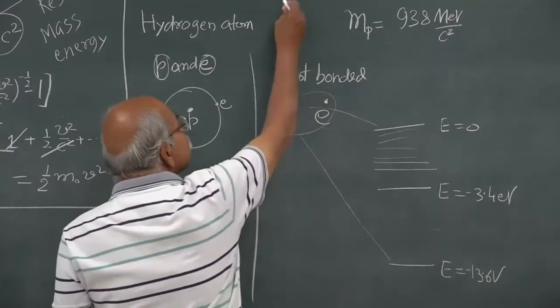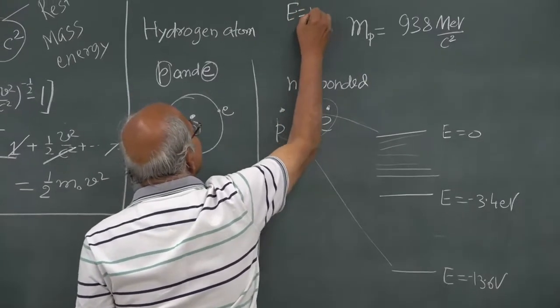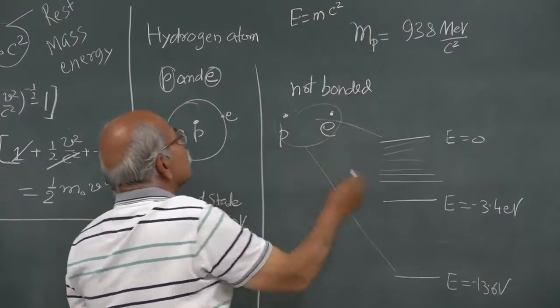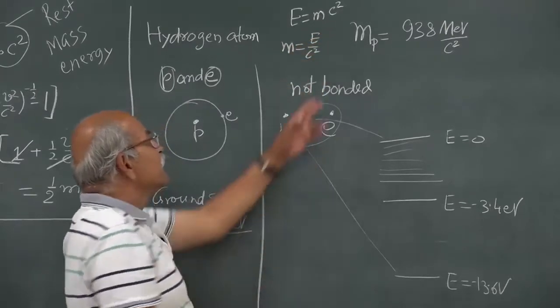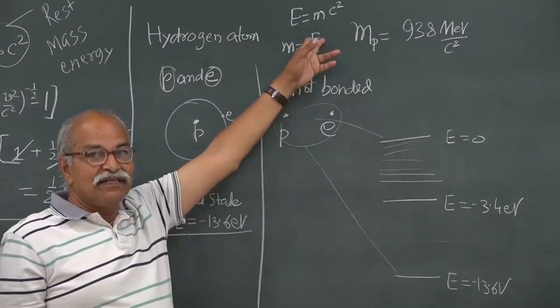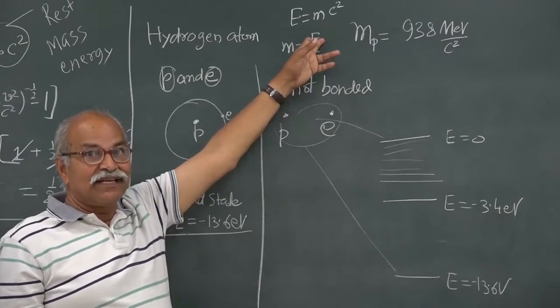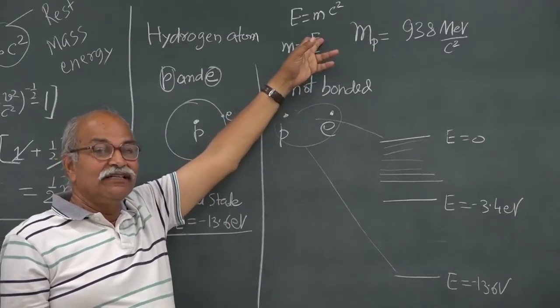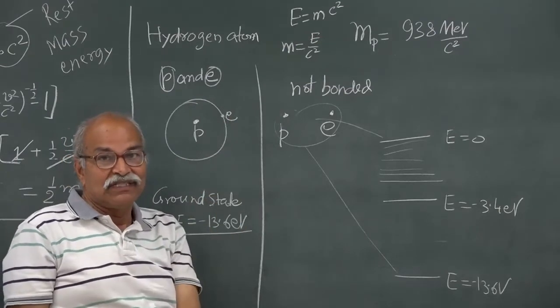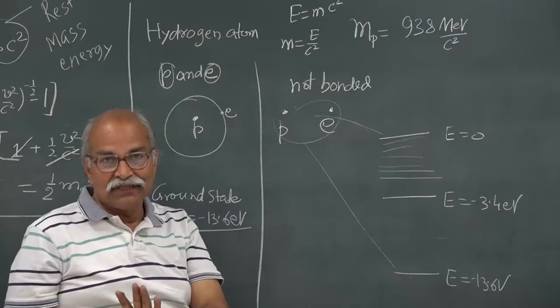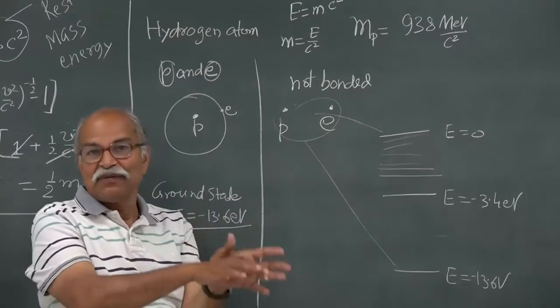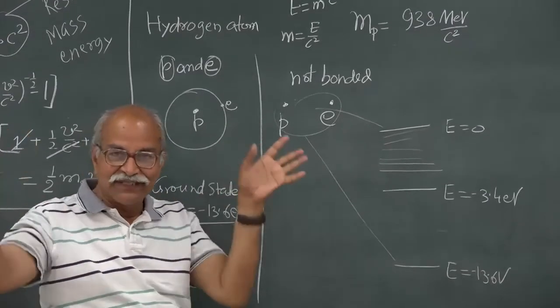They use these kinds of units for mass. You know, energy is E equals mc square. So, m is E by c square, and one unit of energy is the electron volt. The SI unit is joule, but then you also talk of electron volt. So, you know how many electron volts will make 1 joule, or how many joules will make 1 electron volt, that conversion you know.